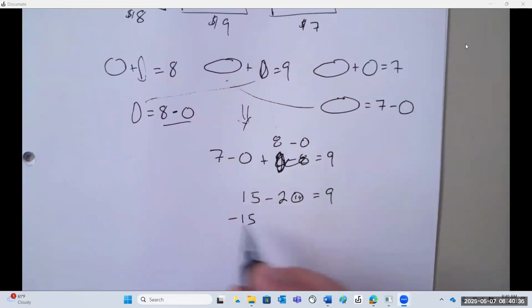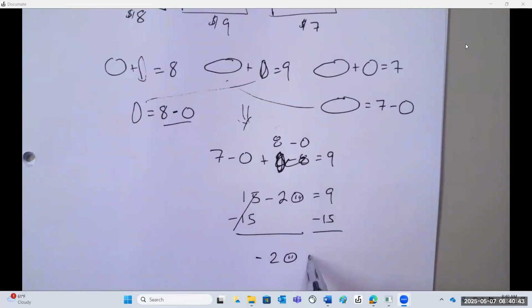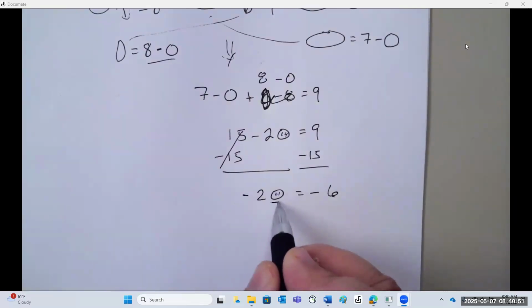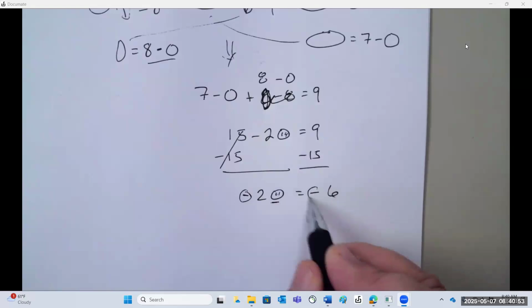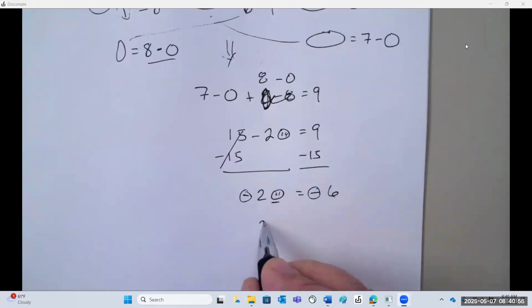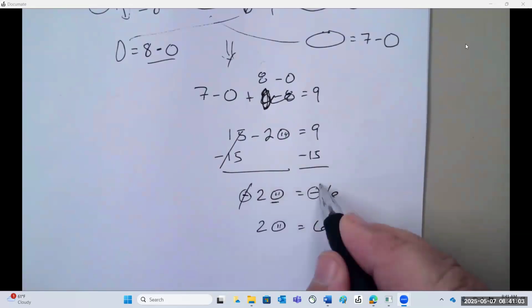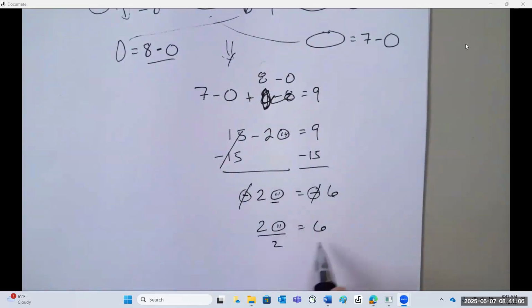I subtract 15 from both sides. So -2 cantaloupes equals -6. I'm solving for cantaloupe, so I get rid of the negative sign. I just change the signs across the board. That one's gone, that one's gone. And divide by 2. So the cantaloupe costs $3 a piece.